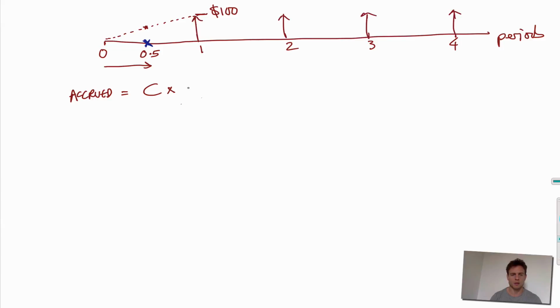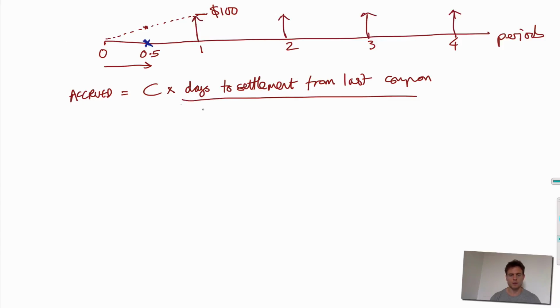So basically, days to settlement from last coupon. This is a bit of a recap, we've covered this in previous videos, I know, divided by the total days in the coupon period, right?